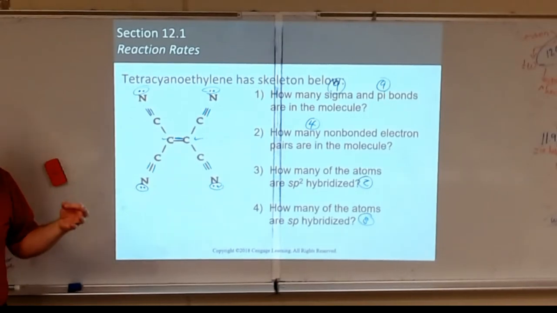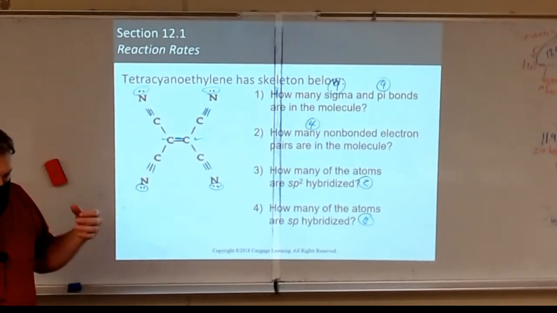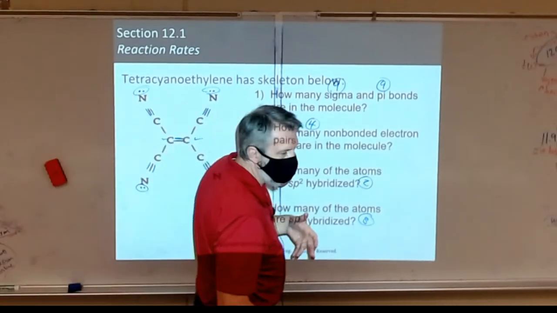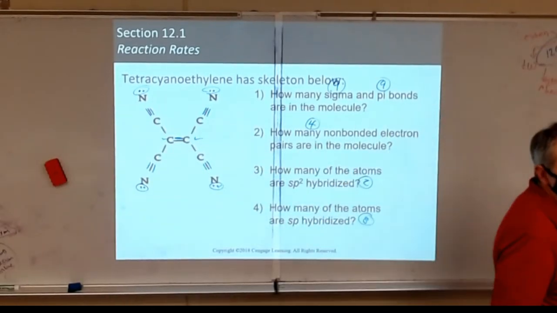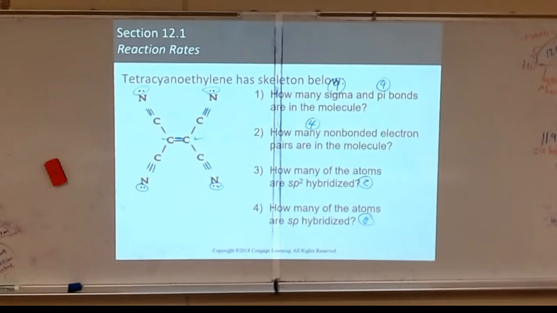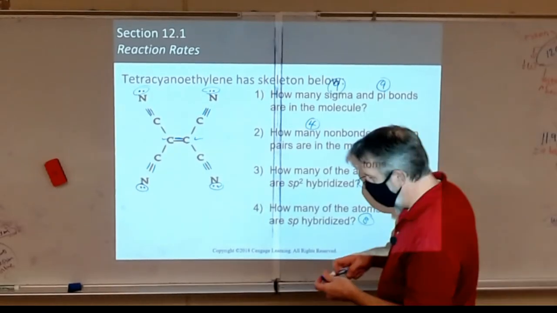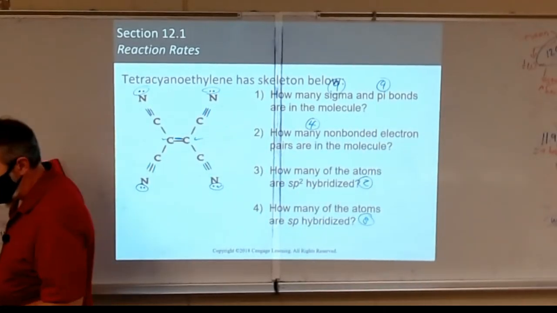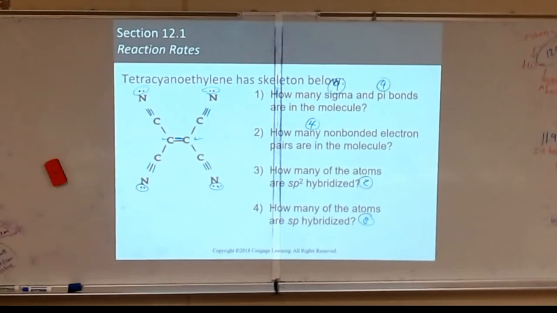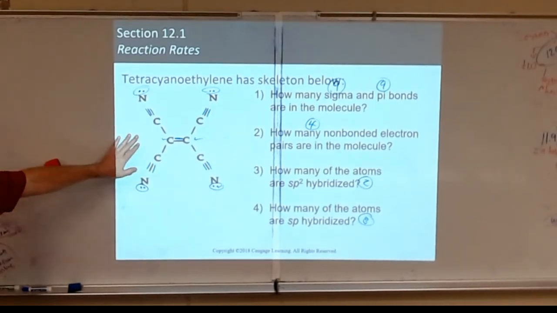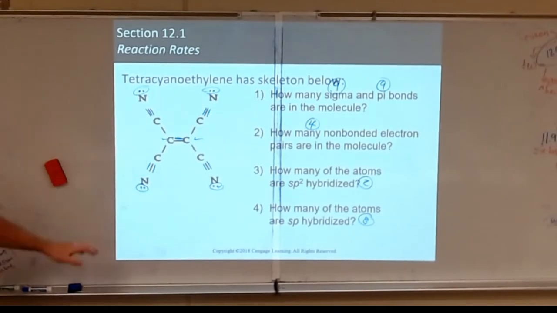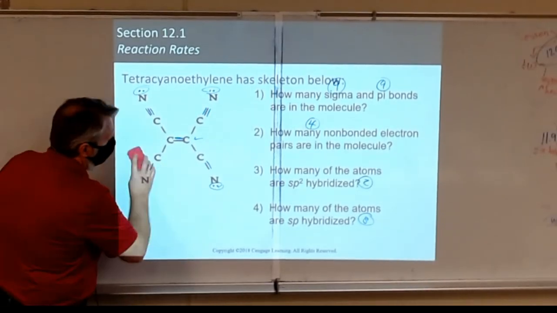Whether it's sp, sp2, or sp3, that's just counting regions of electron density. Okay? Good. I just want to make sure we had that down. You need to be careful with things like this, because a lot of y'all heard immediately that's not the right structure. You're right. I need you to flesh out the Lewis dot structure. Okay?